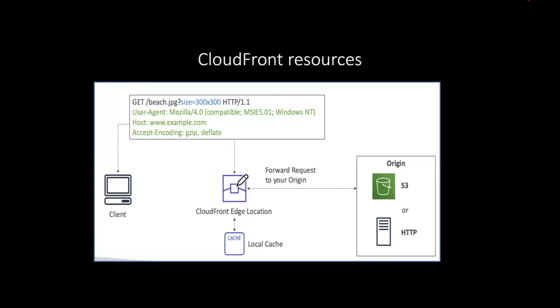I don't know where that is, probably somewhere in the island. It checked in its cache to see, does it have the index.html? If it doesn't, it goes back to the S3 bucket, the origin, and it knows what the origin is, because that was part of my configuration in my stack file. The request goes back to my S3 bucket.